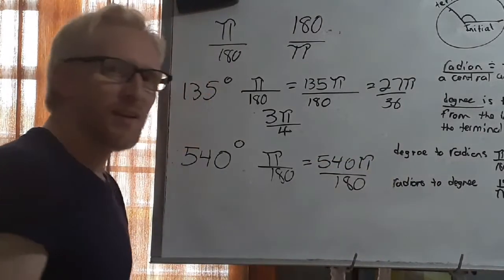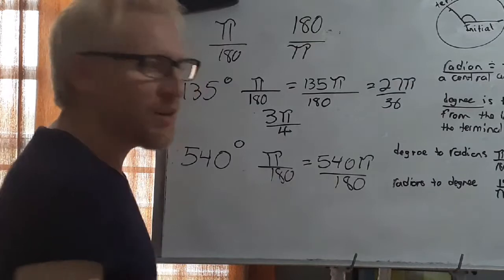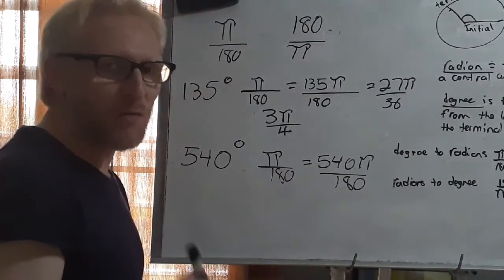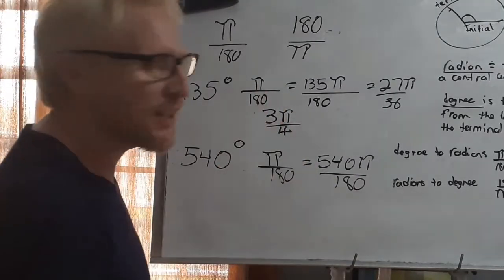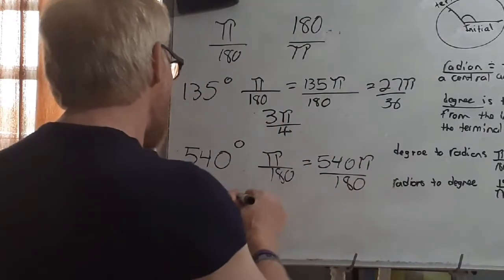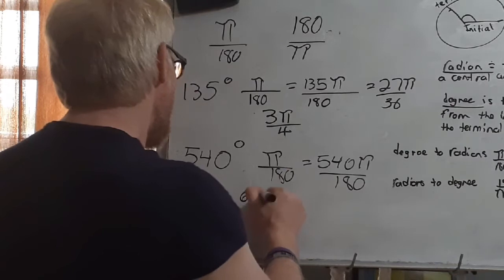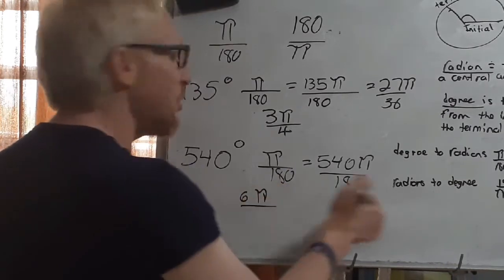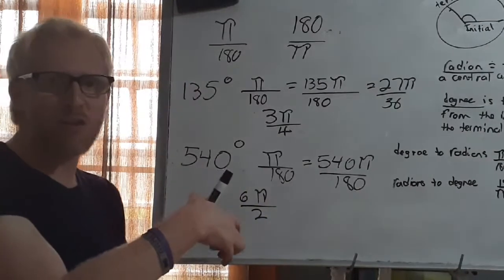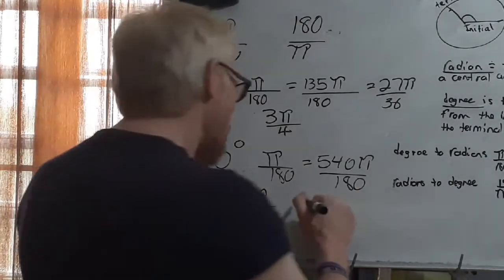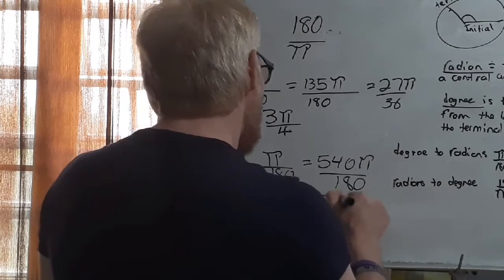Now you want to find a common factor between 540 and 180 and then reduce your fraction. In this case, it would be 90. 540 divided by 90 is 6, I bring down the pi sign, and 180 divided by 90 is 2. So I have 6 pi over 2, but I can reduce that by dividing 6 and 2, which gives 3 pi.